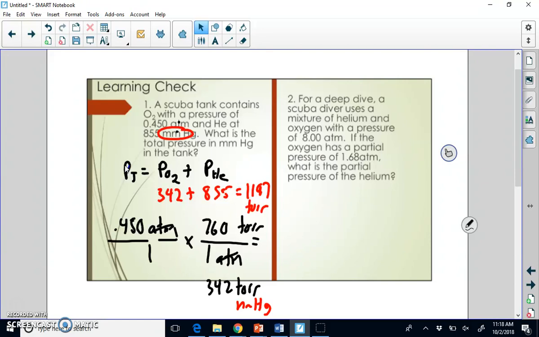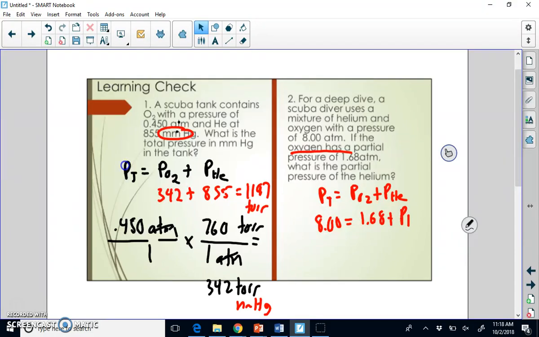For a deep dive, a scuba diver used a mixture of helium and oxygen with a pressure of 8 atmospheres. So again, we have the total pressure is equal to the pressure of O2 plus the pressure of helium. So that's the two things that are in here. In this case, the total pressure is 8 atmospheres, and they're telling us that the partial pressure of oxygen is 1.68.